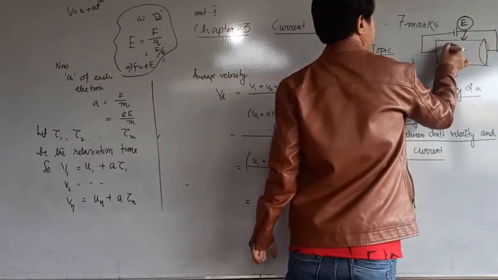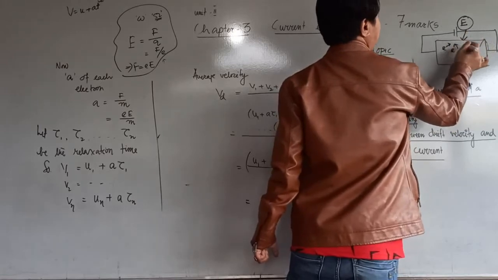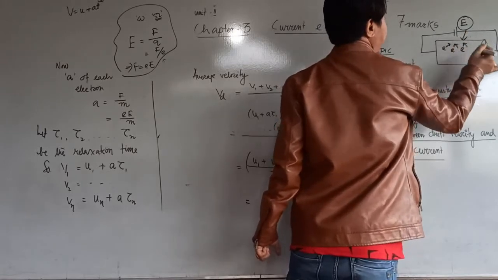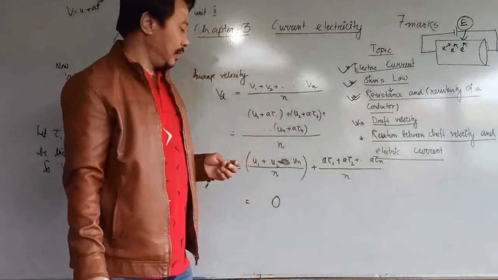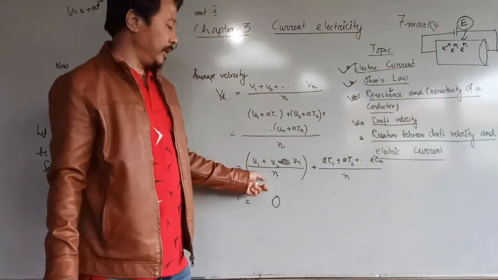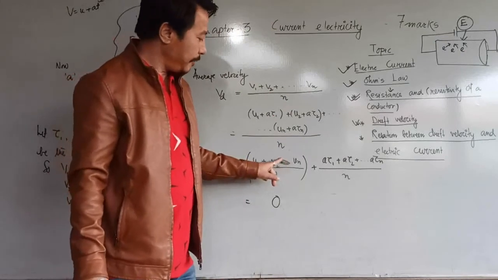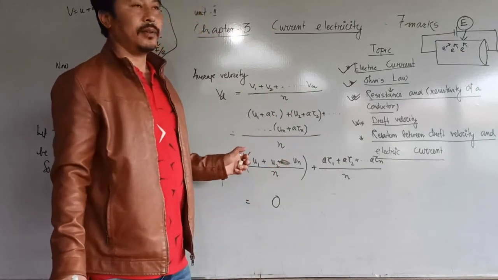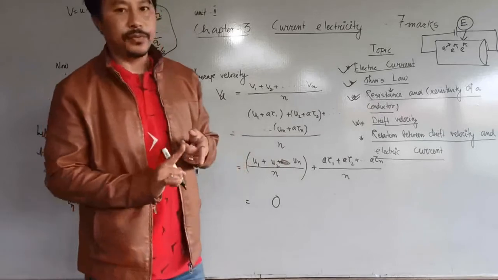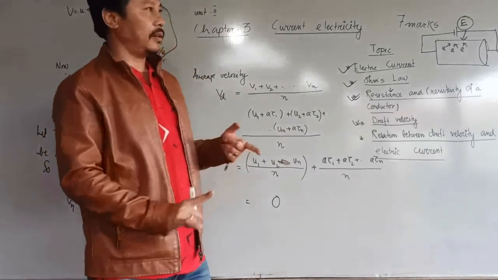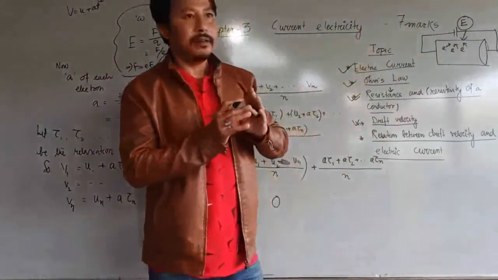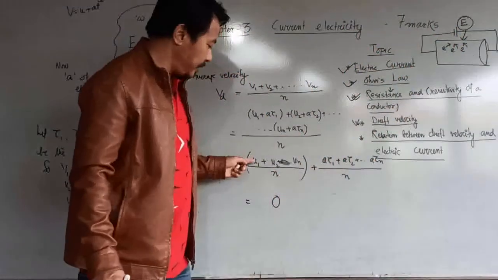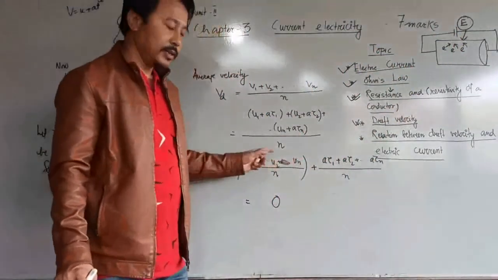The electrons are not moving in a definite direction, so that part is zero. Before the application of the electric field, the electrons have random motion; when the potential difference is applied, they drift in a definite direction, so the initial velocity sum is 0 in mathematics.